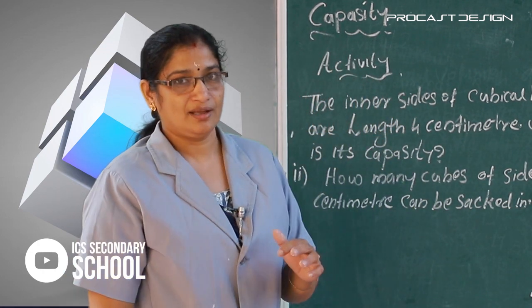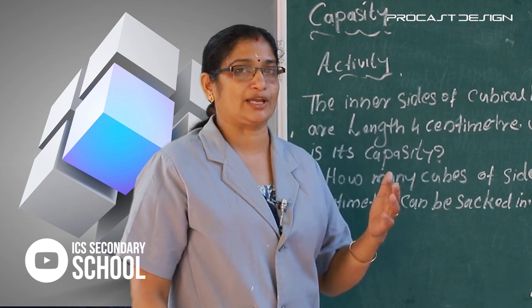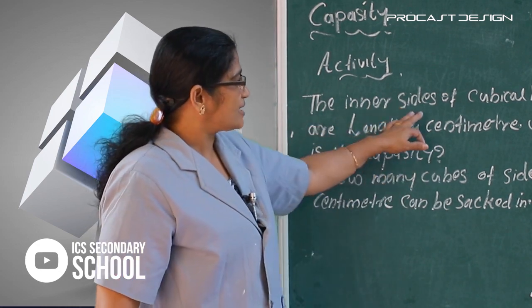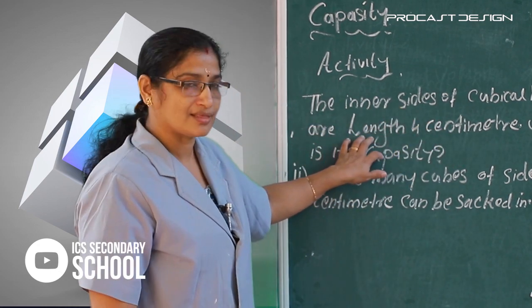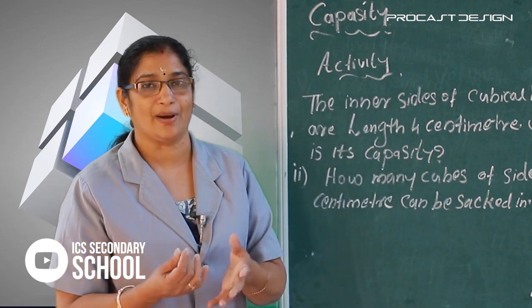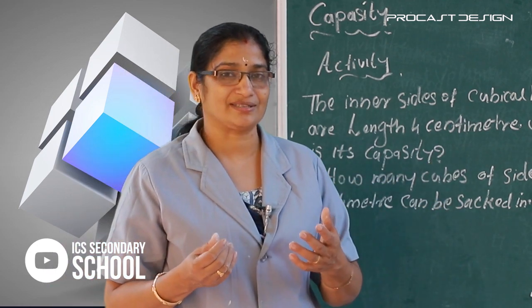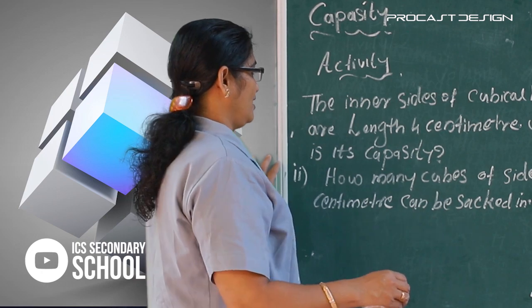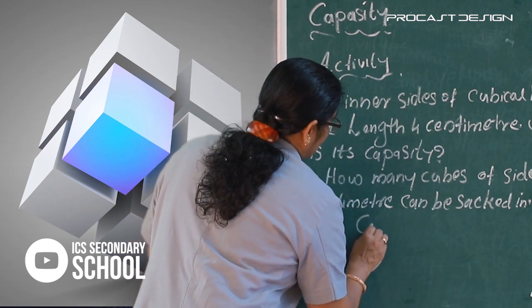The volume of inner measuring, it is a cubical box. The inner sides of a cubical box are length 4 centimeter. What is its capacity?